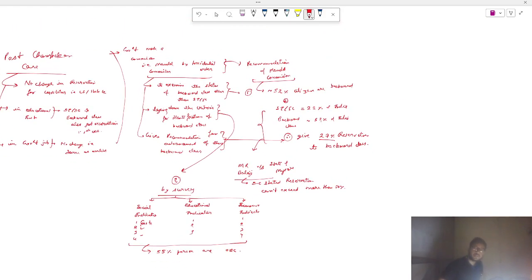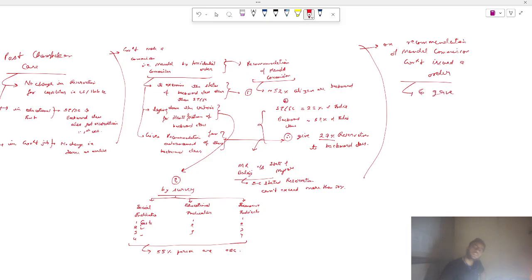Now, on the recommendation of the Mandal Commission, the government issued an order and gave 27% reservation to OBC, and the government also gave 10% reservation to the economically backward class.